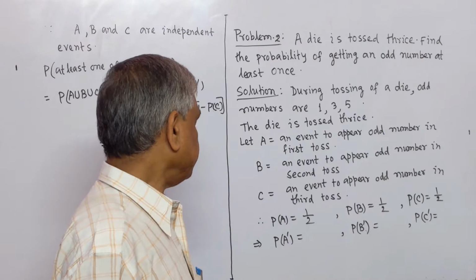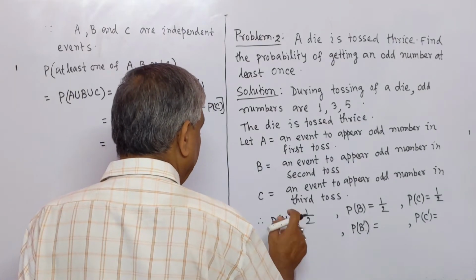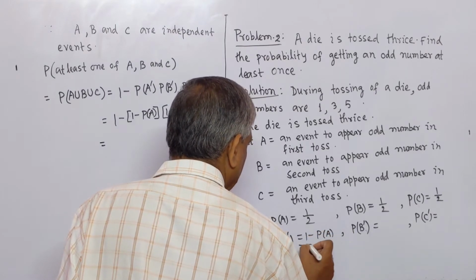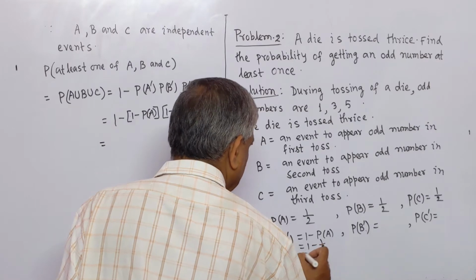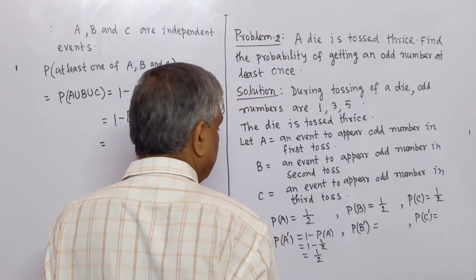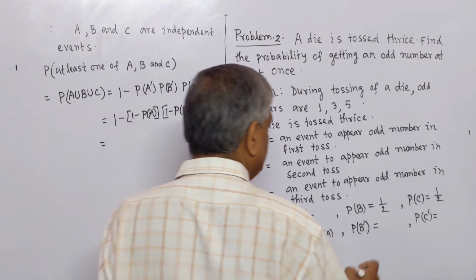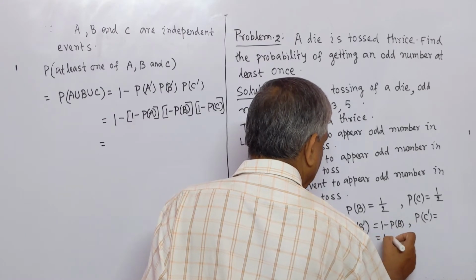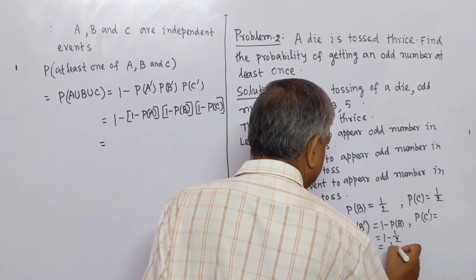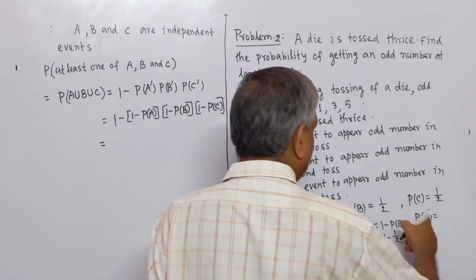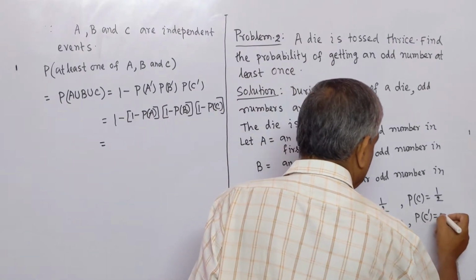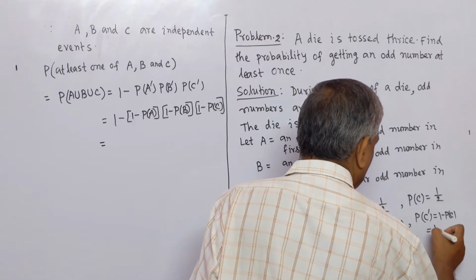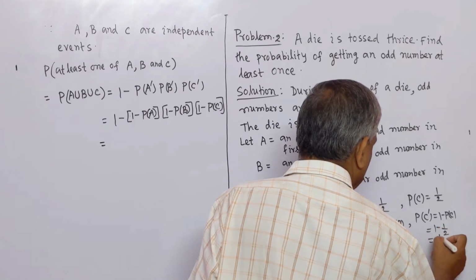Probability of complement of A equals 1 minus probability of A equals 1 minus half equals half. Probability of complement of B equals 1 minus probability of B equals 1 minus half equals half. Probability of complement of C equals 1 minus probability of C equals 1 minus half equals half.